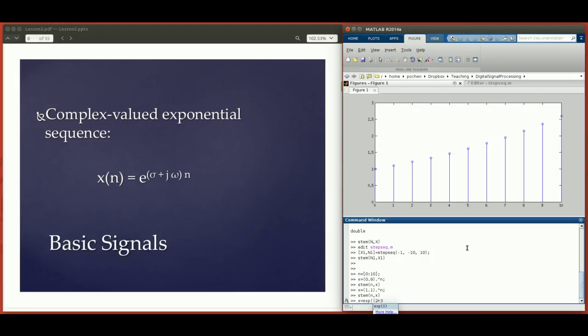In Matlab, the imaginary unit is either i or j. Here I'm going to use j, but don't put a multiplication sign between 3 and j, because 3j is the imaginary part. So it's 2 plus 3j, that's sigma plus omega j.